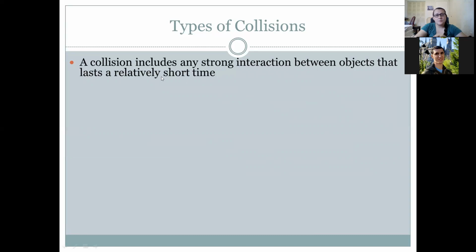So this would be things like car accidents, billiard balls or pool balls hitting each other. It could be neutrons in a nuclear reactor. It could be a meteorite hitting the ground. Any kind of strong interaction, strong hitting between objects is a collision.